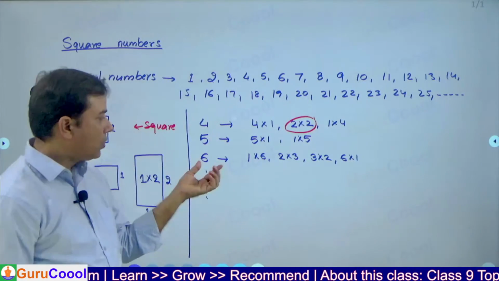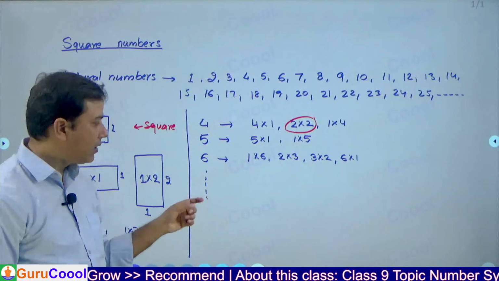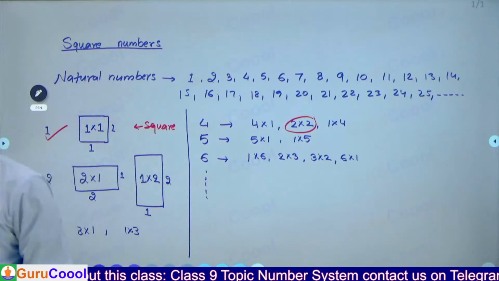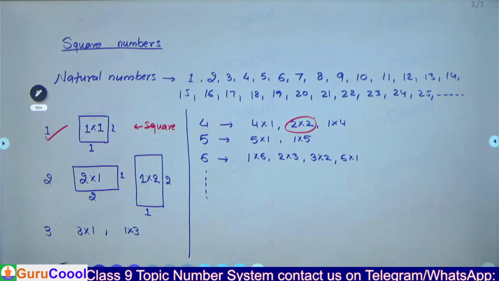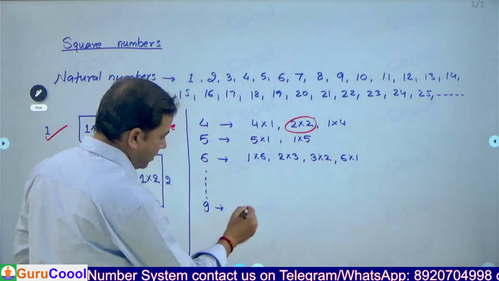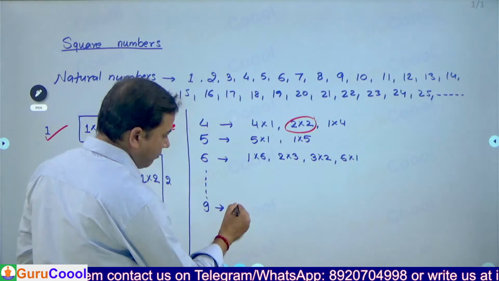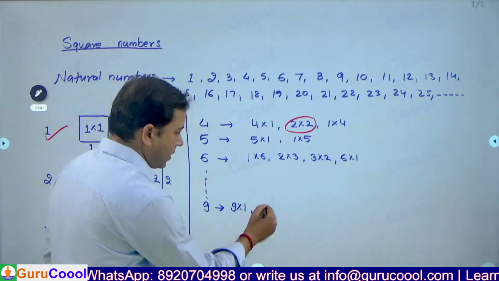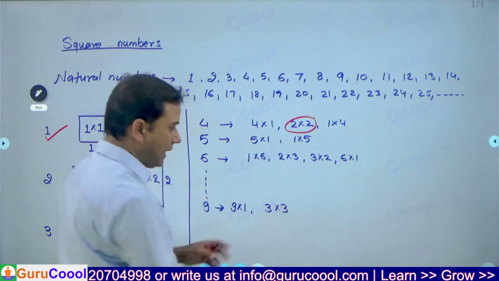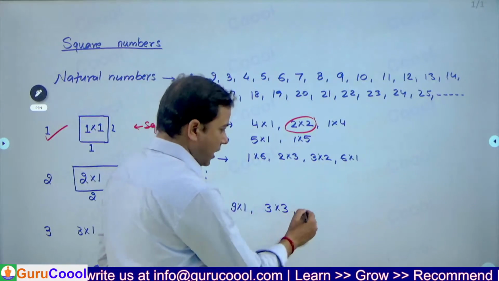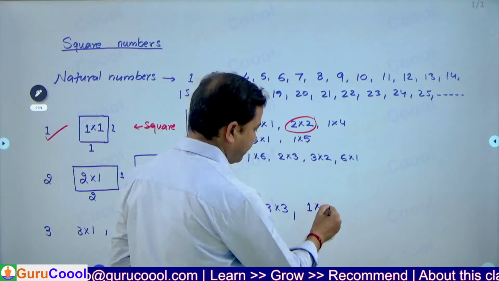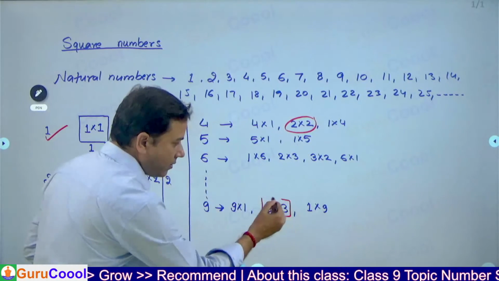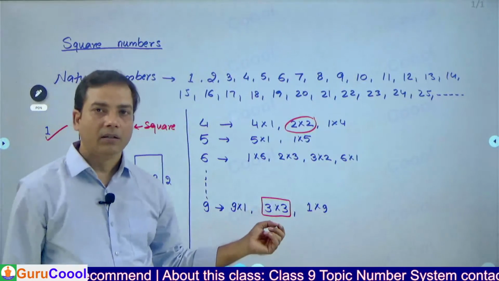Okay. So go on, continue and try to find the next square number after 4. Sir, 9. 9 can be written in many ways, like 9 into 1, length 9 units, breadth 1 unit, then 3 3s are 9, length 3 units, breadth 3 units, and then 1 into 9, right? 3 ways, out of which one makes a square.